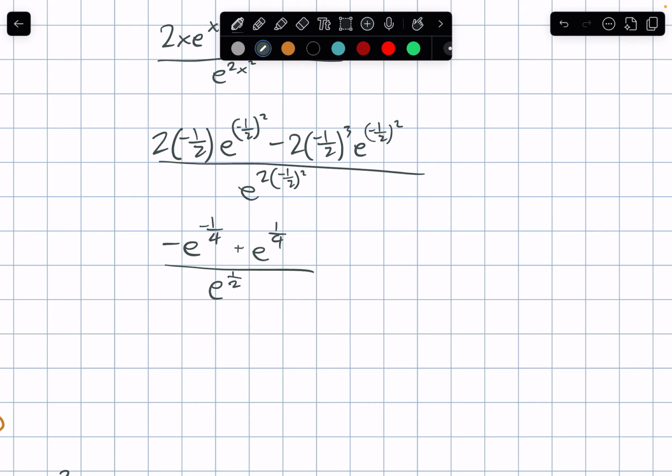Where did I get 8? That's supposed to be 4. Here, 2 times 1 over 8, that's 1 over 4. Okay, makes more sense. So over 4, and this is supposed to be positive.